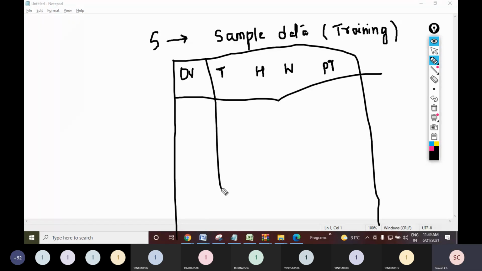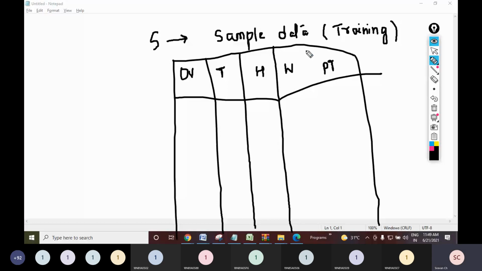These were the parameters: overcast, temperature, humidity, wind, and play tennis. So play tennis depends on these parameters. Do you remember how many records were there in that data set?